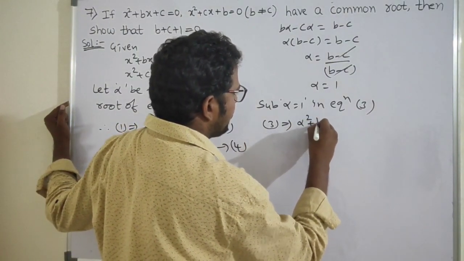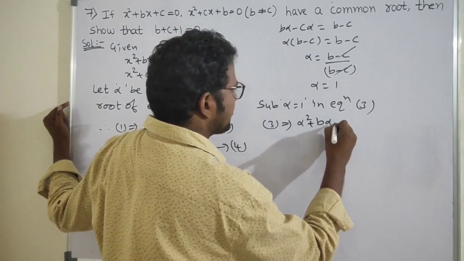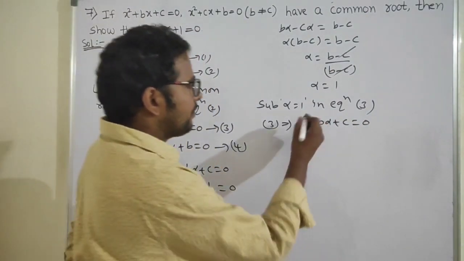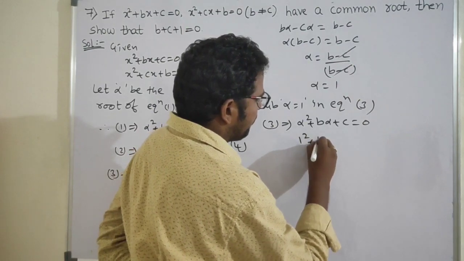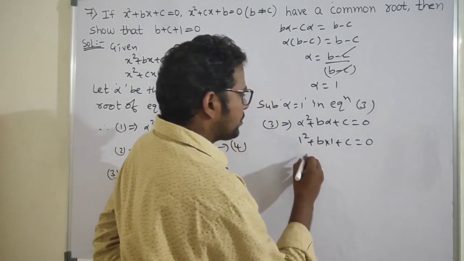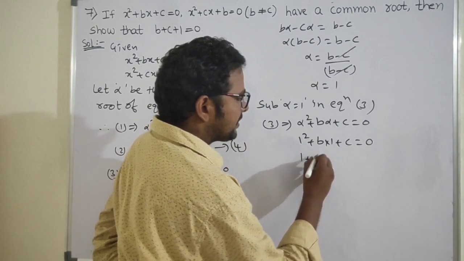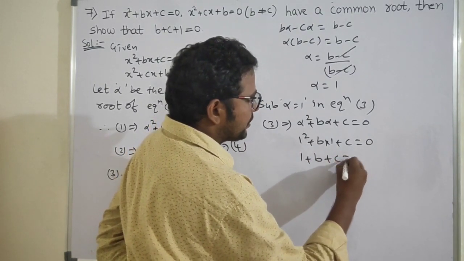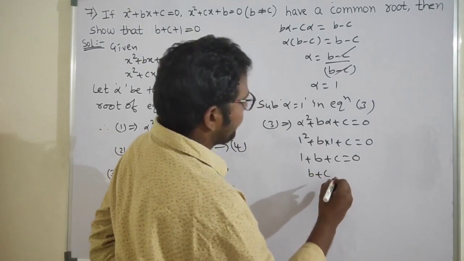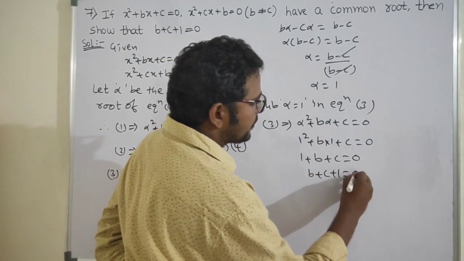Alpha square plus b alpha plus c equals 0. Substitute alpha equals 1: 1 square plus b into 1 plus c equals 0. So 1 square is 1, plus b, plus c equals 0. So b plus c plus 1 equals 0.